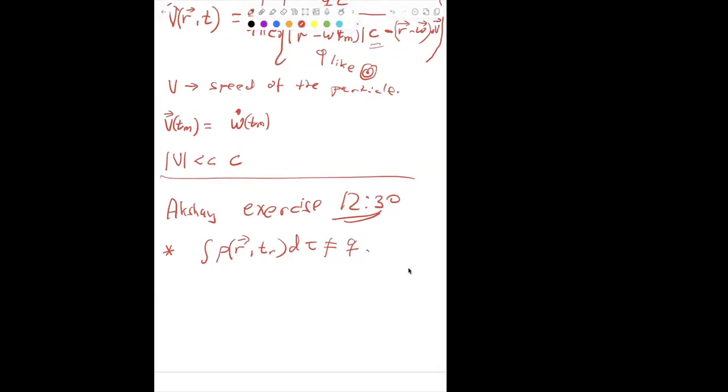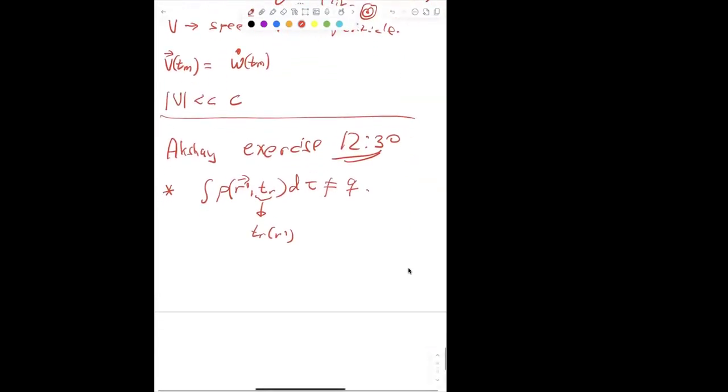Why not? Because t_r depends on r'. This t_r is changing for different r'. There is a different retarded time. This is totally not Q in general.